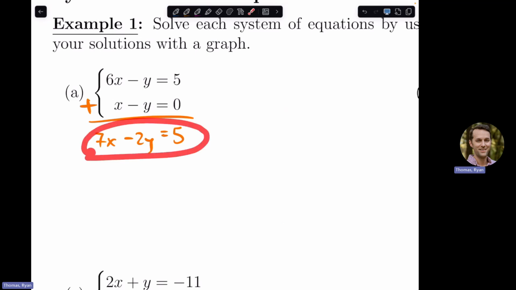Well, okay, there's another piece of information, but does that really help me? Does that get us anywhere closer to where we're trying to go? Not really, because it's still got an x and a y in it, right? So I have to have a plan a little bit, because if I just start combining stuff at random, I might not get something that takes me closer to where we want to go.